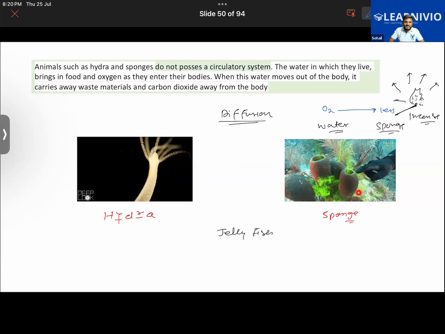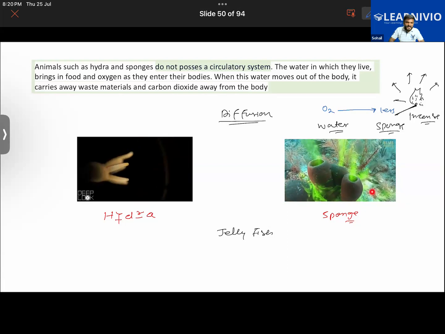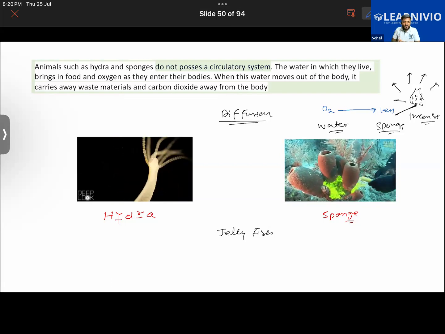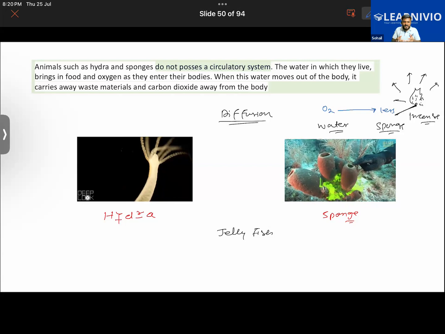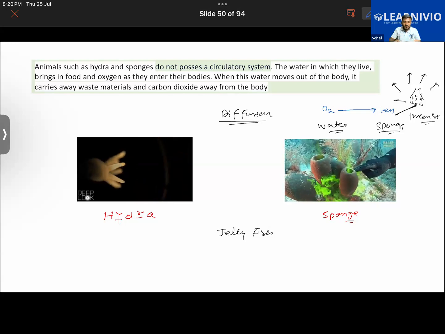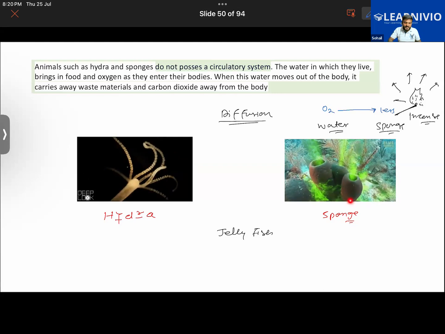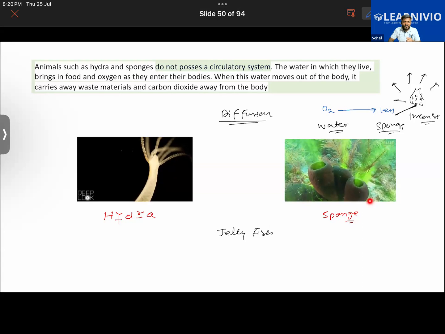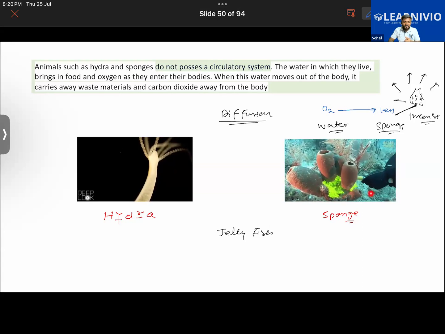In somewhat similar manner here, he has been trying to show you the movement of water in its body. Water is transparent, it does not have any color. So how are you able to see the movement of water taking place in its body? He has released some colors over here. You understanding what I'm trying to explain?